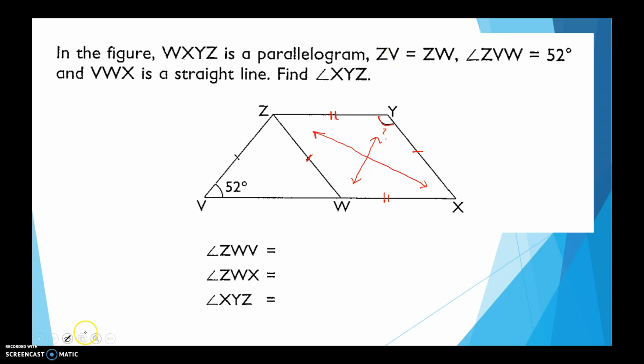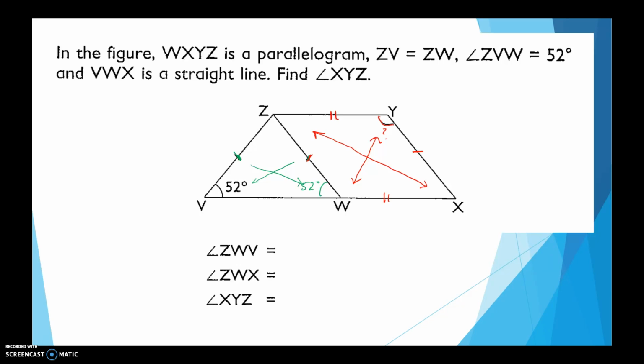It says ZV equals ZW, so that is convenient. This line equals this line right here, so this line actually also equals this line. Don't know if we're going to need that yet, but that makes this an isosceles triangle. If that's true, then the base angles are also the same, because the angles opposite the equal sides in an isosceles triangle are the same.